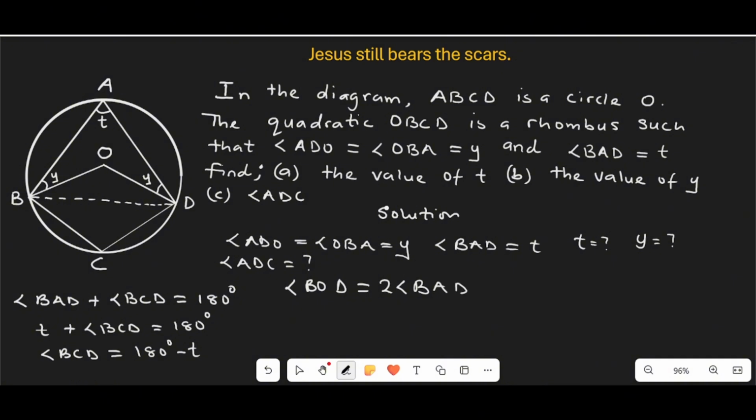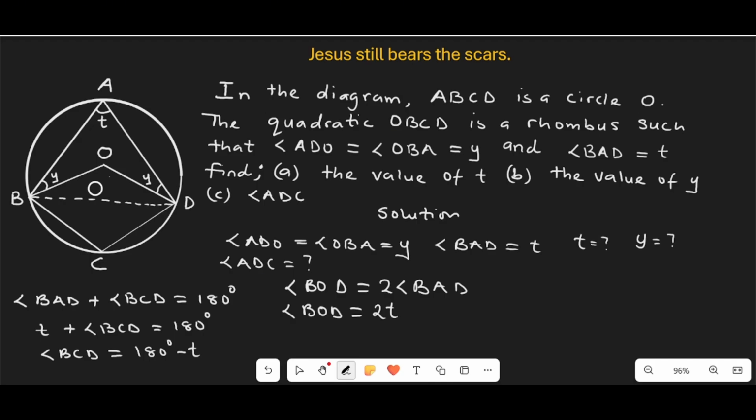And our angle BAD is given as T, so we can replace BAD with T. So angle BOD equals 2T.